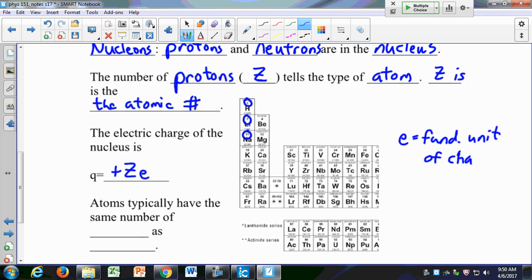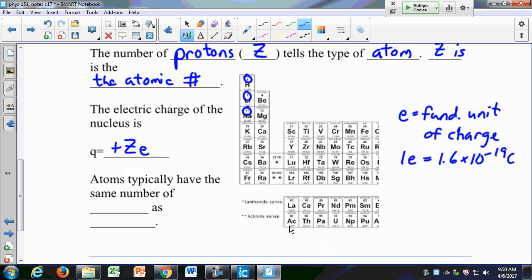We had it back in the chapter on electricity, and 1 E has a value of 1.6 times 10 to the minus 19 coulombs. That's the charge of an electron or of a proton. They have identical charges. They have very different masses, but they have identical charges.